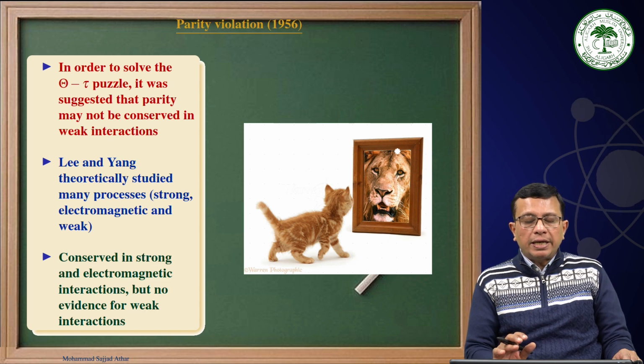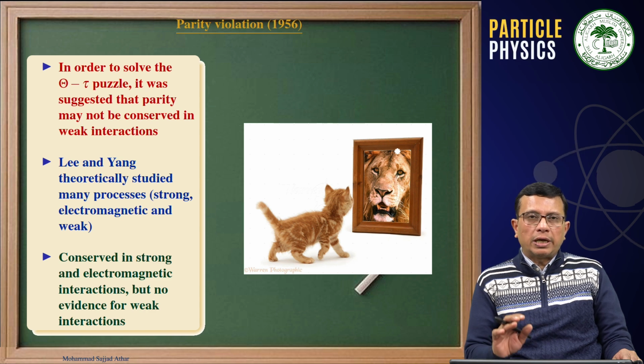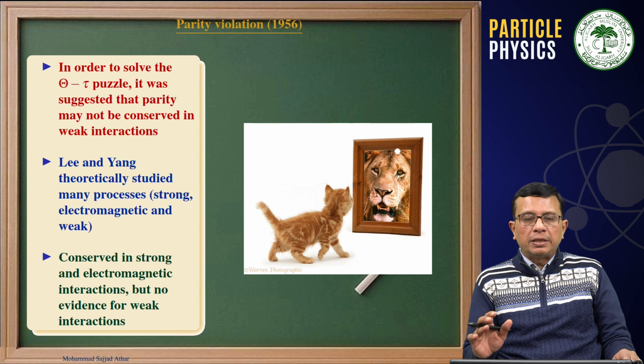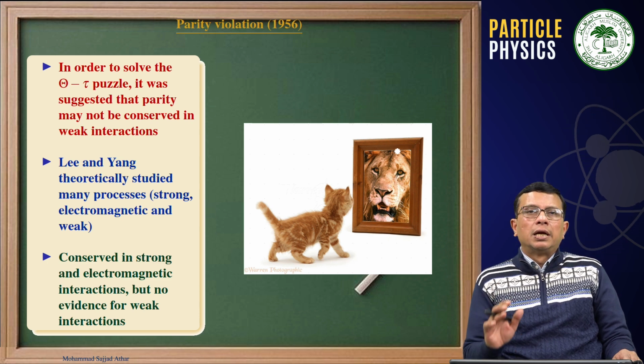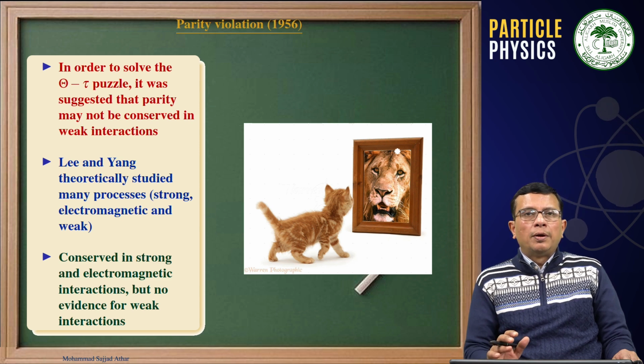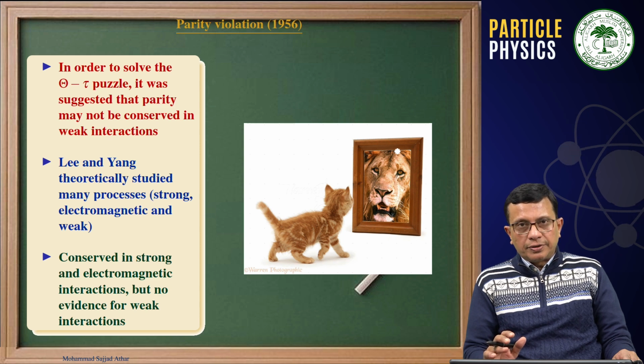In fact, Lee and Yang theoretically studied many processes, strong, electromagnetic as well as weak processes, to determine the parity of the systems, and they found out that parity is conserved in strong and electromagnetic interactions, while parity gets violated in the weak interactions.